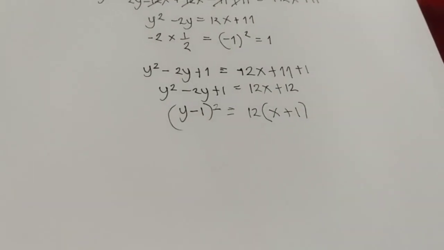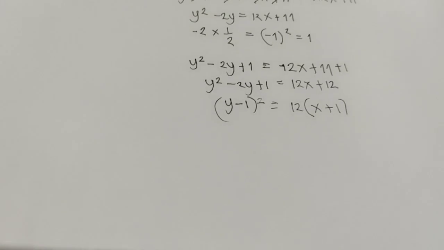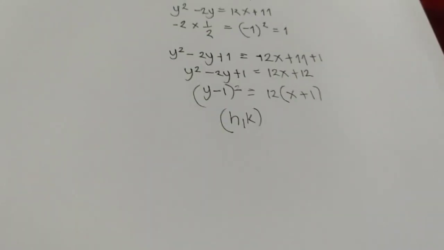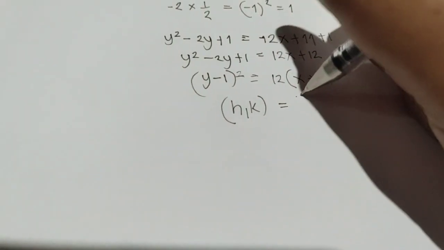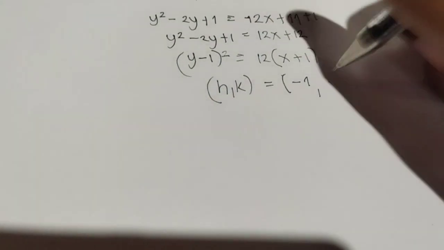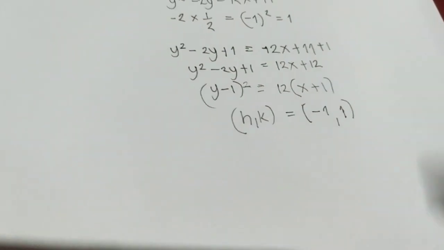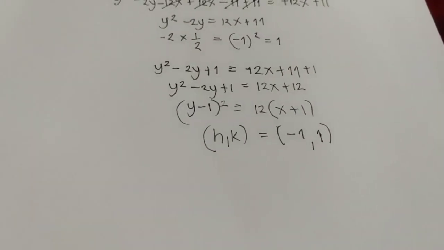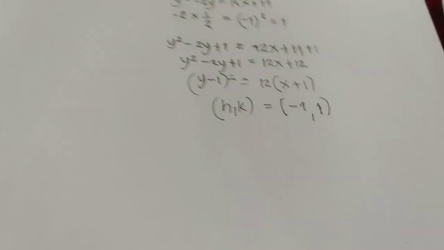Next, we are going to find the vertex of the parabola. The vertex of the parabola here is (h, k), and h here is equal to negative 1 while k is equal to positive 1. Therefore, the vertex of the parabola is (-1, 1).